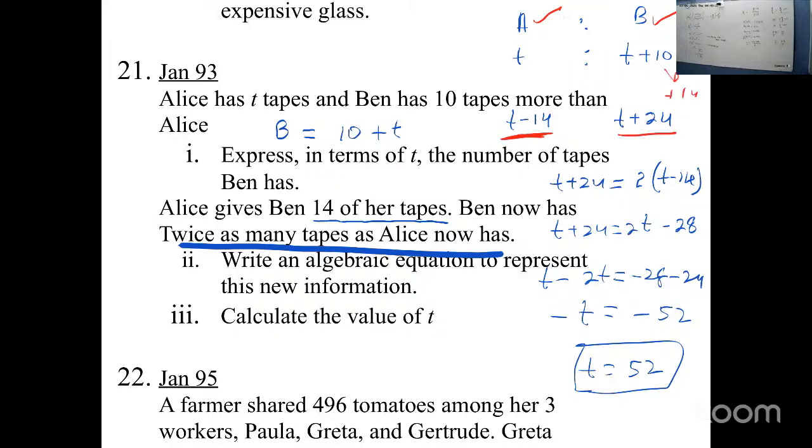And then they told us that Ben now has twice as many. So it means that this total here, T plus 24, is twice as many as what Alice had.